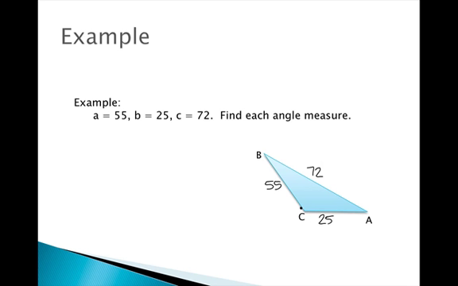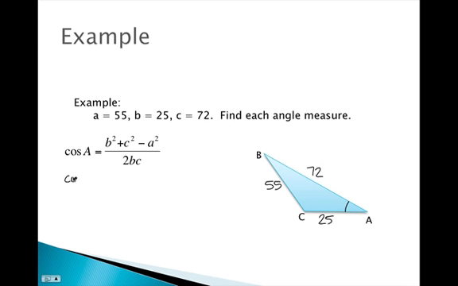So we're going to first start out using our law of cosines formula to find the measure of angle A. So remember, that formula is b squared plus c squared minus a squared all over 2bc. So we're just going to plug in all of the information that we have.